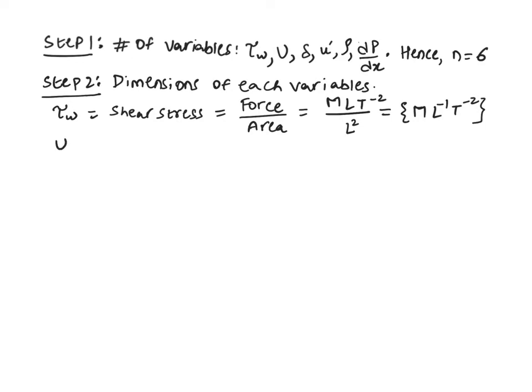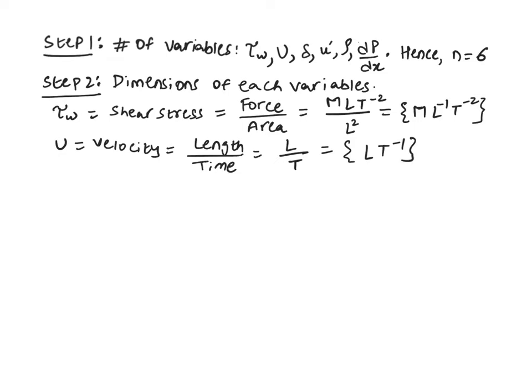U is velocity, which is nothing but length over time. That is given as L over T, which is equal to L T power minus 1.